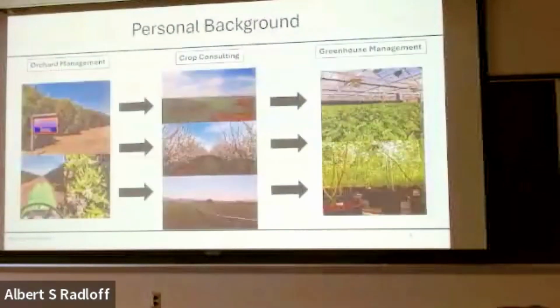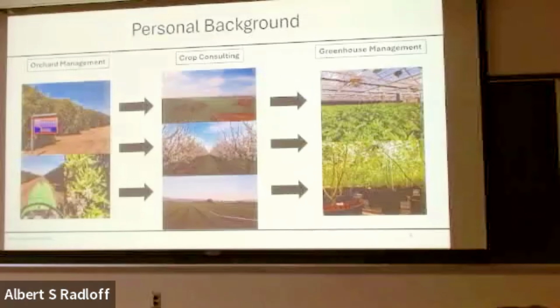I'll now just hop into a little bit of my personal background. Albert did a pretty good job, but I grew up in an orchard management company in California. We have about 1,000 acres of citrus and pistachios, and I learned a lot of the operations from a young age, both in managing the orchards, but also in dealing with export markets.